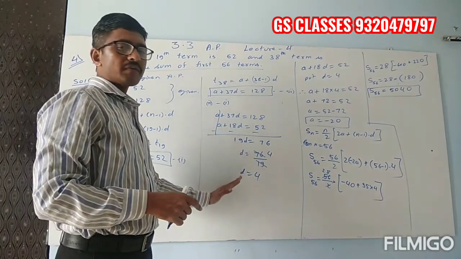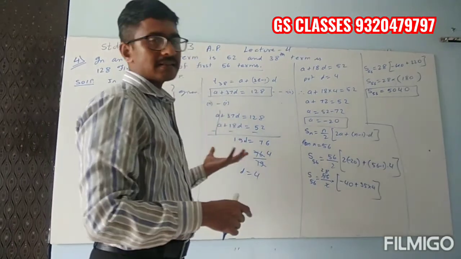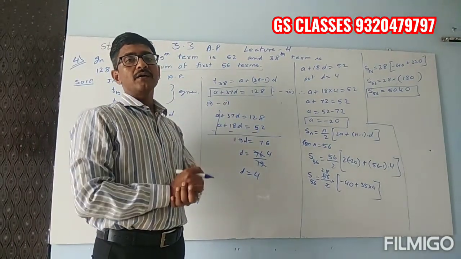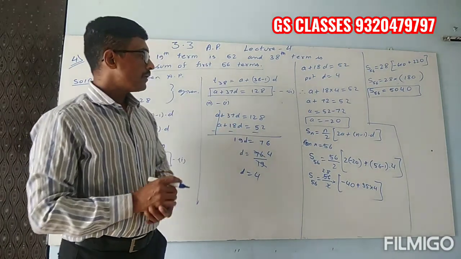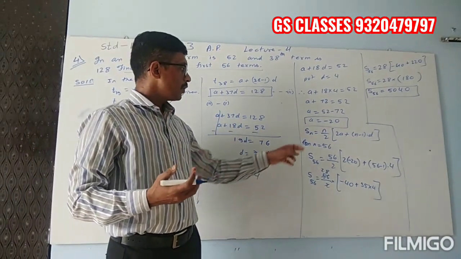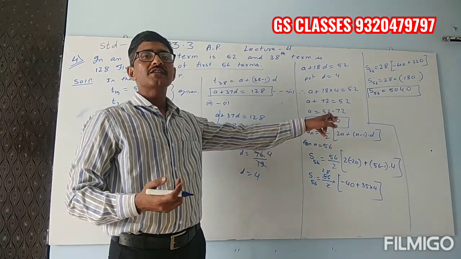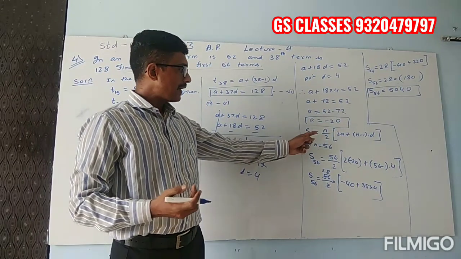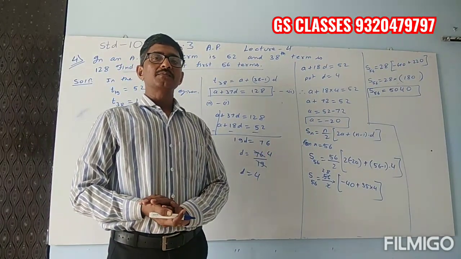We got the value of a and the value of d, and thereafter they were asking for the sum of the first 56 terms. So in order to calculate their sum, we wrote Sn as n by 2, 2a plus n minus 1 into d, and by writing that we have just completed it. So let's move on to the next.